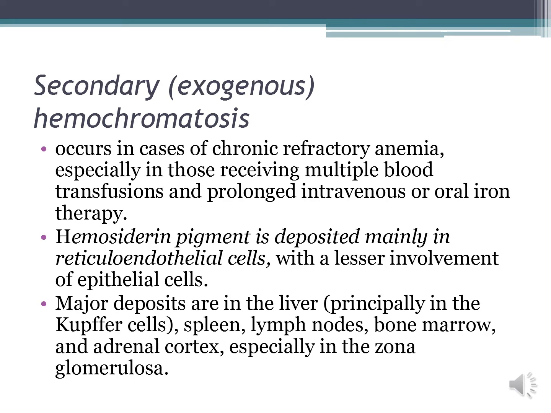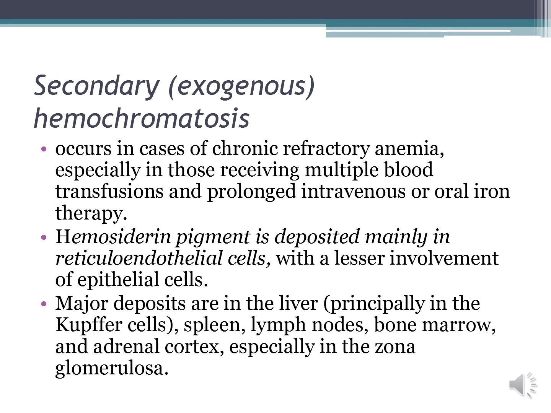Secondary or exogenous hemochromatosis occurs in cases of chronic refractory anemia, especially in those receiving multiple blood transfusions and prolonged intravenous or oral iron therapy.